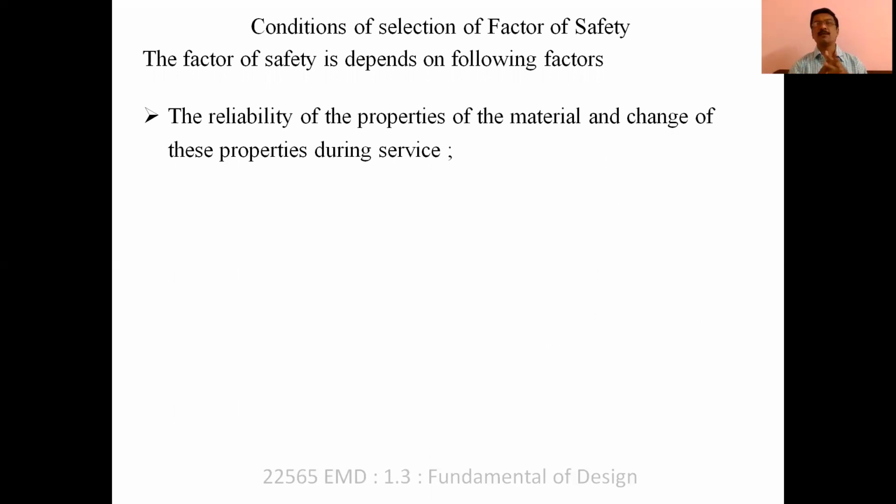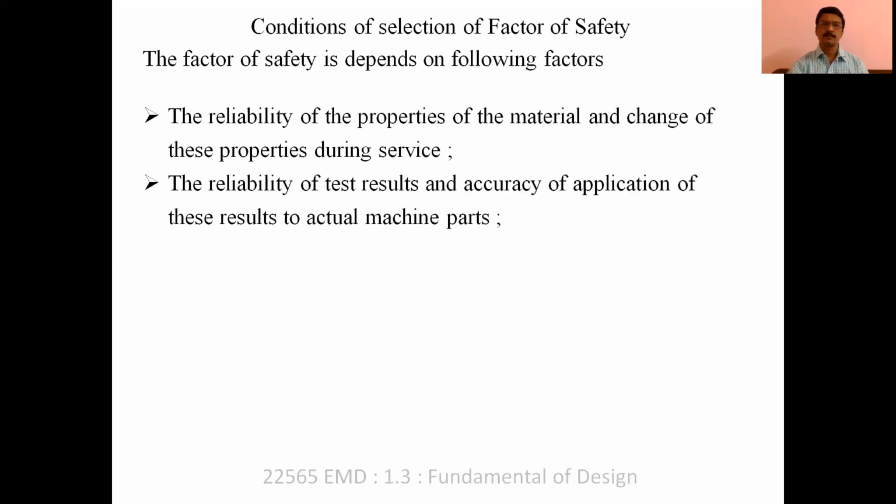Obviously, whether the material has yielding, whether it has ultimate, if there is a change in the property, what kind of behavior that material gives, depending upon that your factor of safety has to be defined. It also depends upon the accuracy of the test results that we have considered for that machine part. If the properties that you know are very accurate, then only can we go for more risk. Otherwise, we have to consider more factor of safety.